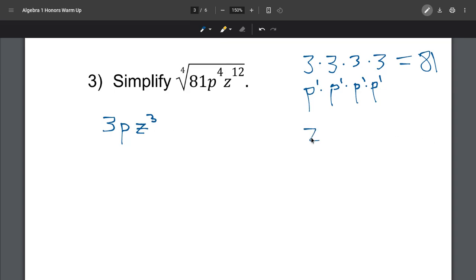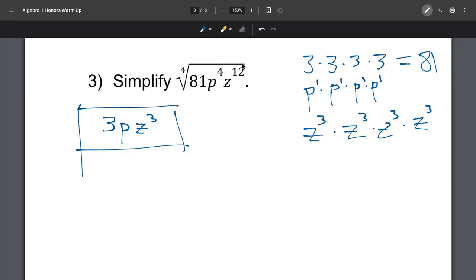Reason being, again, z cubed times z cubed times z cubed times z cubed equals z to the 12th. 3 plus 3 is 6, plus 3 is 9, plus 3 is 12. This is my solution for this one here.